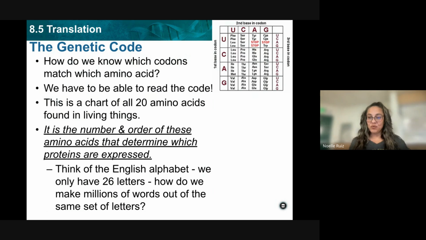That is a one-letter word. Or you have the word anti-disestablishmentarianism, which is a lot of letters. So we take those letters and mix them up in different ways and we make different words. That is how these 20 amino acids work. We take these 20 amino acids, they get translated in a different order for every single person because all of our DNA is different, and different proteins are expressed.